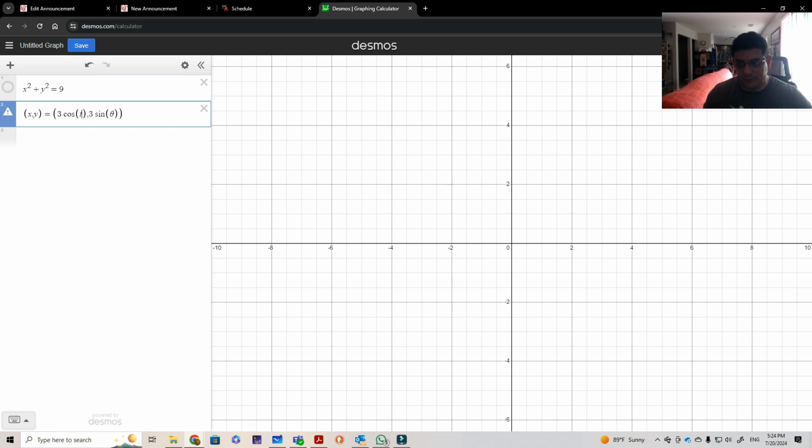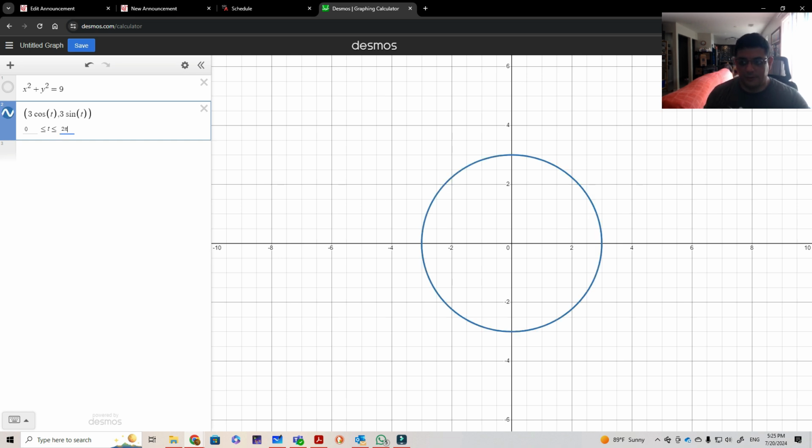Instead, let's define it in terms of t. See if that works better. Yeah. So now here I'm going to do 0 to 2 pi. And now you can see that this is giving me the same circle as this. So they're doing exactly the same curve.